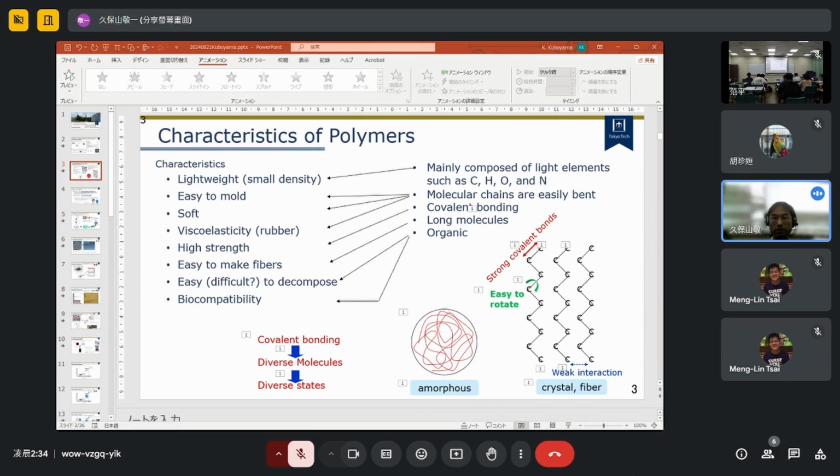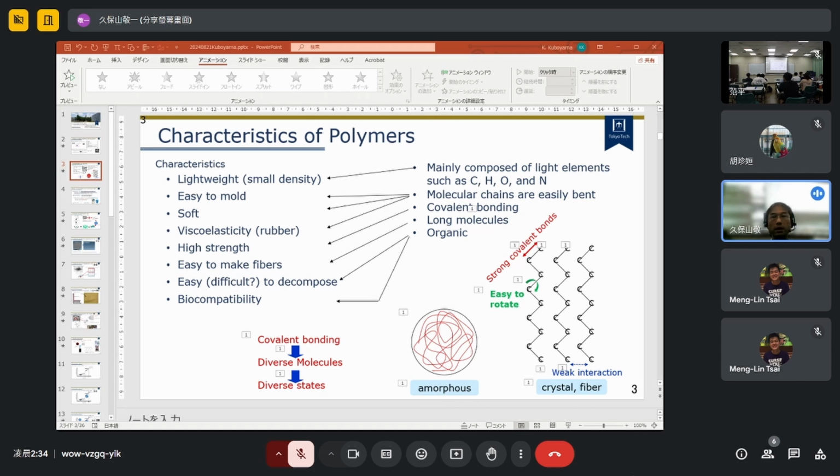As I told you, the polymer is mainly composed of light elements such as carbon and hydrogen and oxygen and nitrogen and so on. So the polymer is lightweight, and the polymer is a long chain, so it is easy to mold. So that is a flexible molecule, so that is soft.